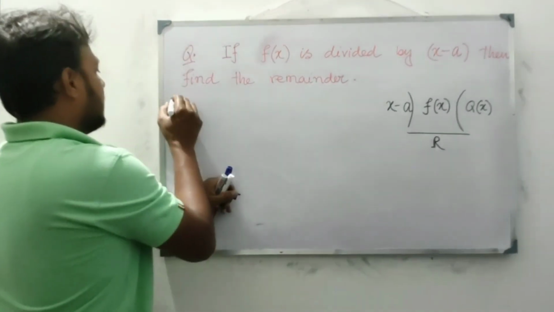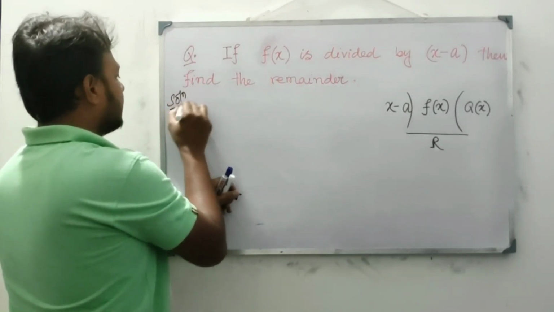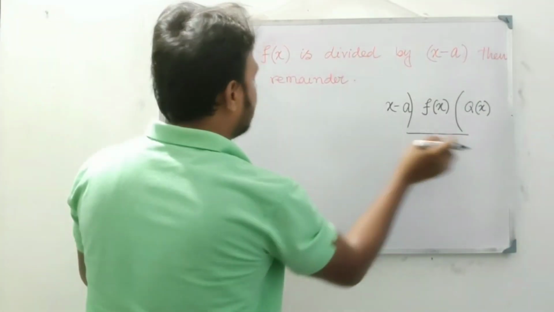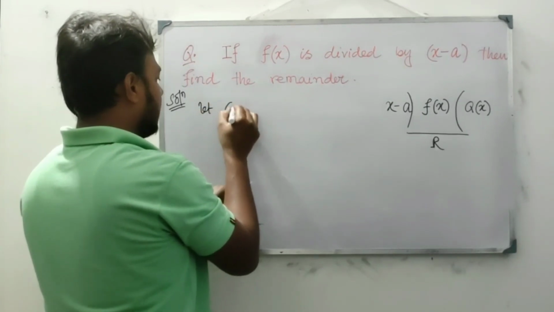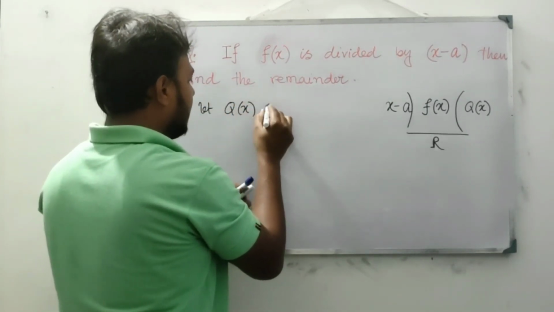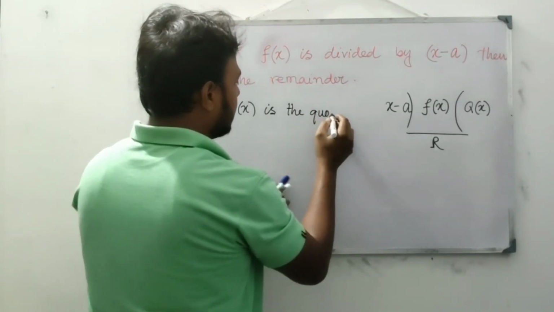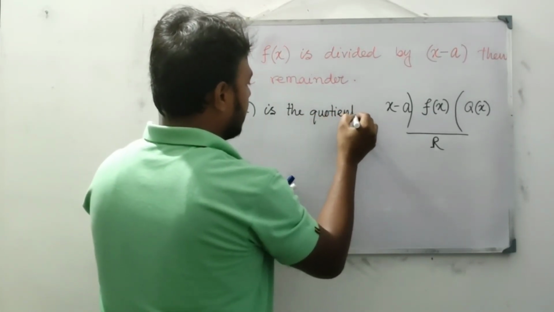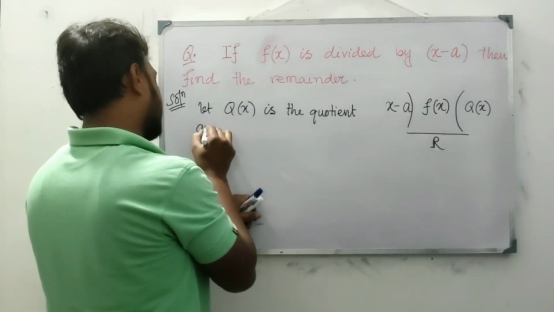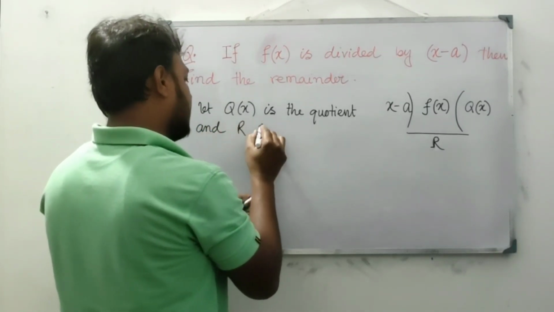So to solve it, we have assumed this part and this part. So let q(x) be the quotient and r be the remainder.